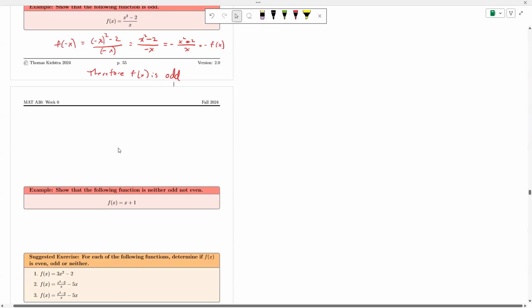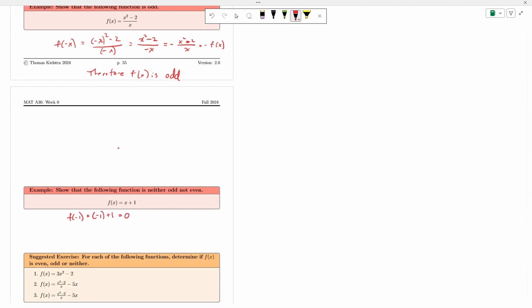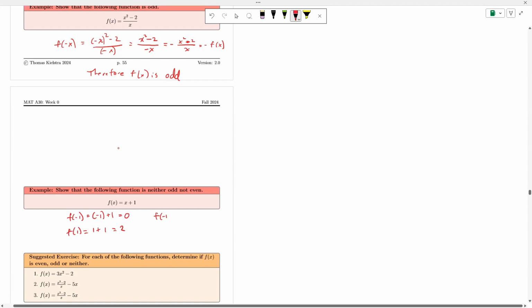So here, I'm going to look at f of minus 1. And f of minus 1 equals minus 1 plus 1, which equals 0. And f of 1 equals 1 plus 1, which equals 2. Well, here, f of minus 1, which equals 0, does not equal minus f of 1, which equals minus 2. And f of minus 1, which equals 0, does not equal f of 1, which equals 2.